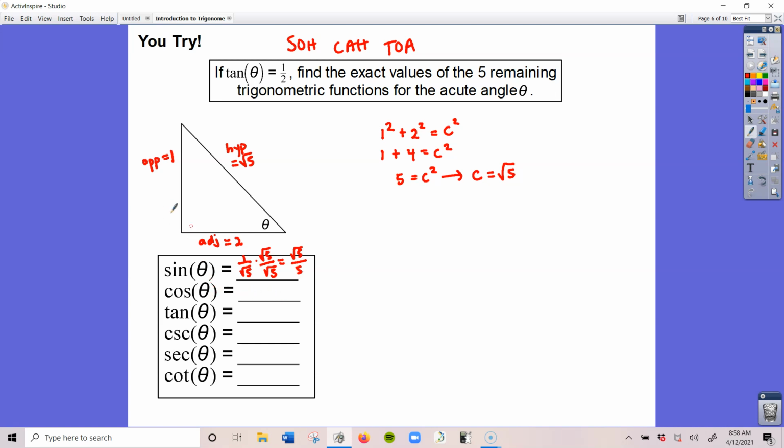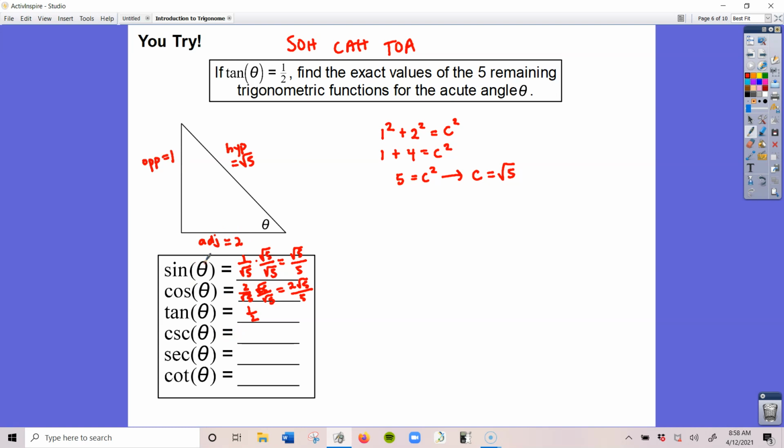Cosine is the adjacent over the hypotenuse, so 2 over square root of 5, which I would then have to rationalize, which would give me 2 square root of 5 over 5. Now for tangent, which was given, which is 1/2. But either way, you can still see it here, opposite over adjacent.